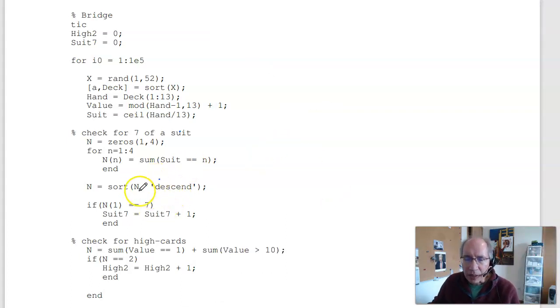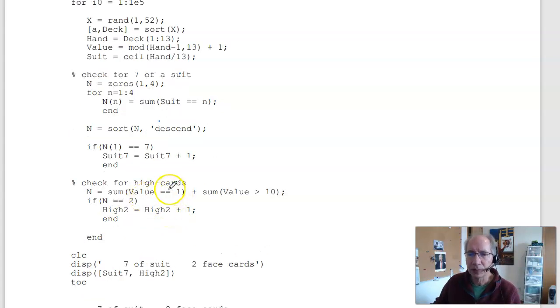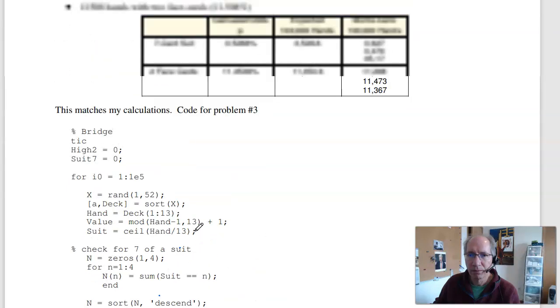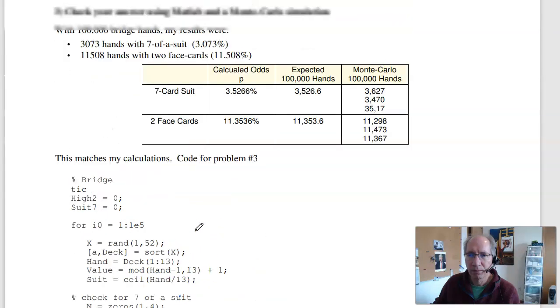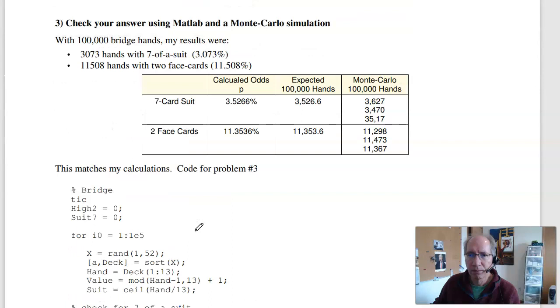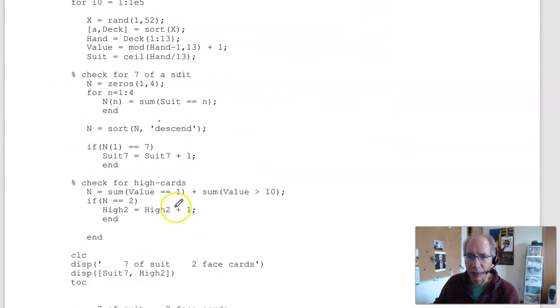I will then sort in descending order so that the most frequent comes first. If the most frequent suit has 7 of them, I've got 7 in that suit. Add 1. Now go back to the values, which I don't care about in this problem, so we'll ignore that.